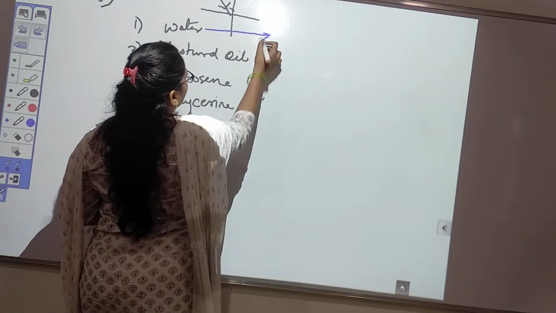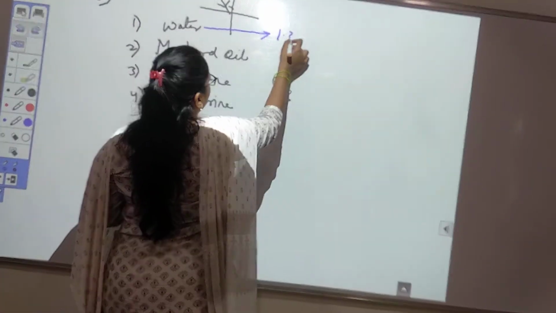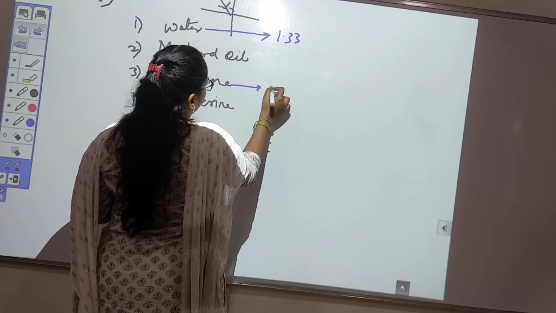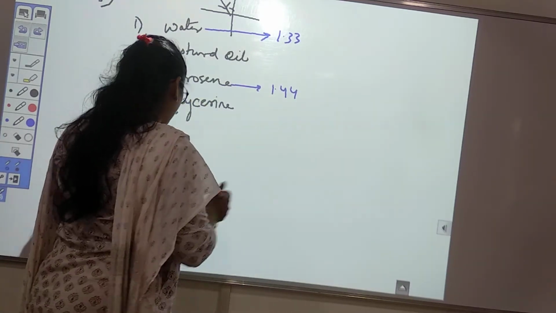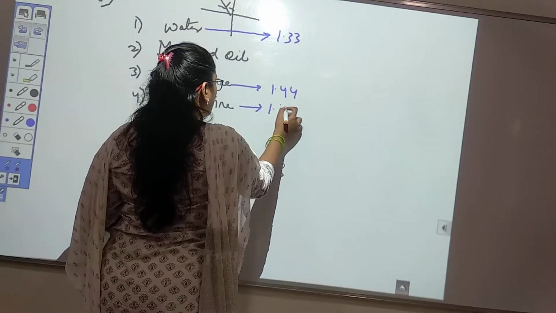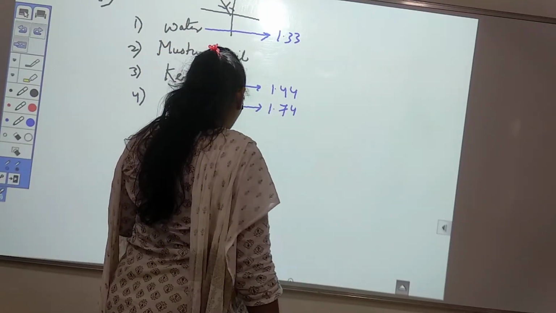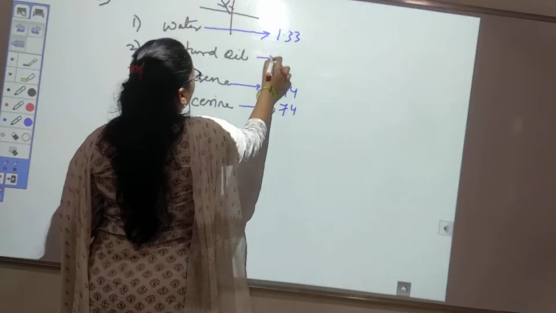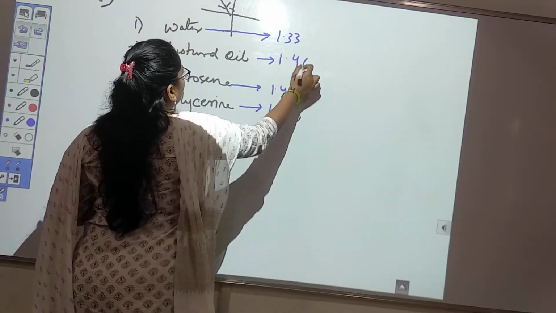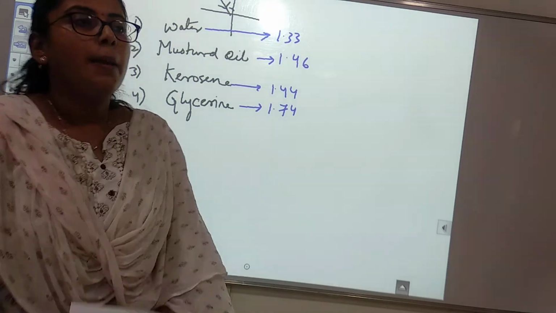You know that the refractive index of water is 1.33. The refractive index of kerosene is 1.44. Glycerine is 1.74. You can see it from the table also. And mustard oil is 1.46. The higher the refractive index, the more the bending will be.